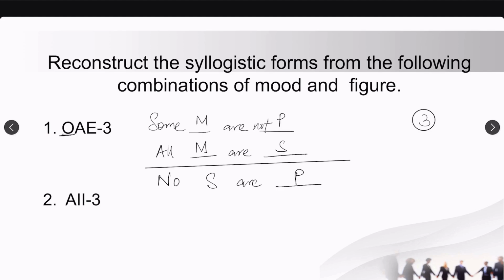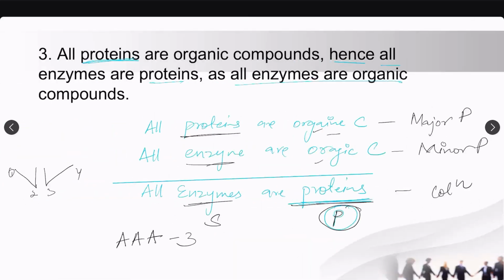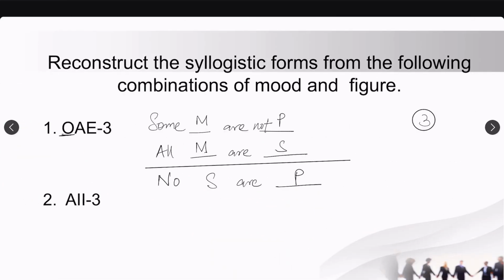In the same way, again in the next question we have AII in the third figure. So in this case how will you do it? Again you have to do the same thing. So first you will write all and then R P, and then next one is some dash R dash, and then next again you have some and then dash R dash.